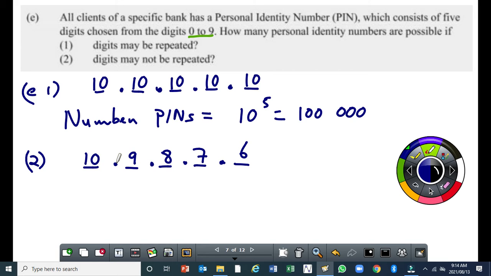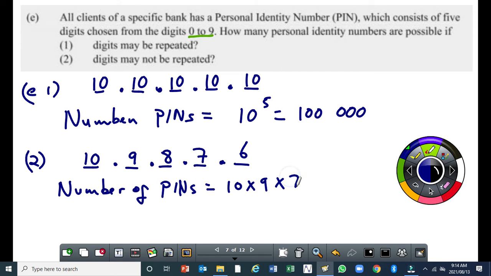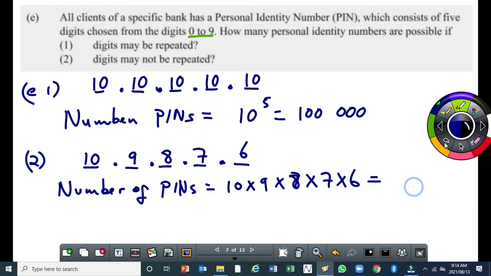So the number of pins will be equal to 10 times 9 times 8 times 7 times 6. What answer do you get? 30,240.